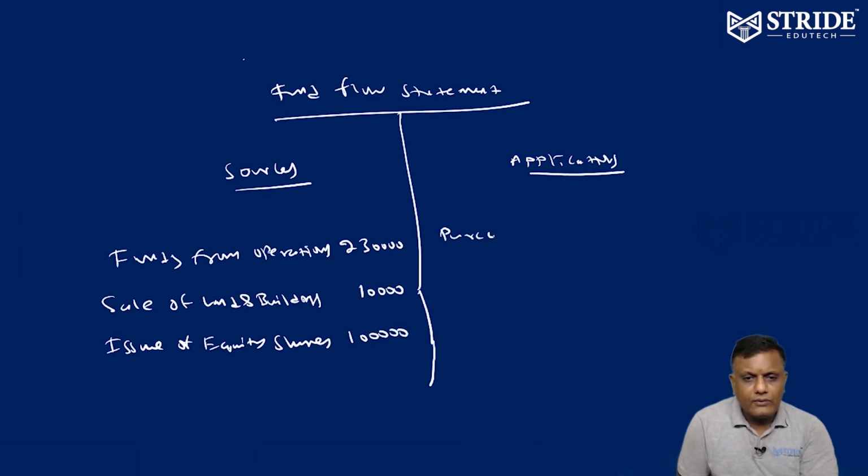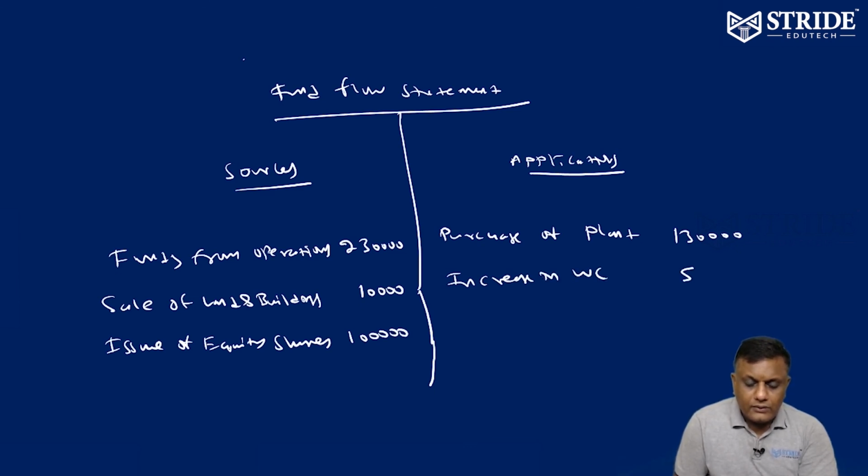Right. Application. Purchase of plant, you can see notes. Already we prepared notes. 1,30,000. Purchase of plant 1,30,000. Similarly, increase in working capital application, that is 51,000. Taxes paid, that is equivalent to 35,000.